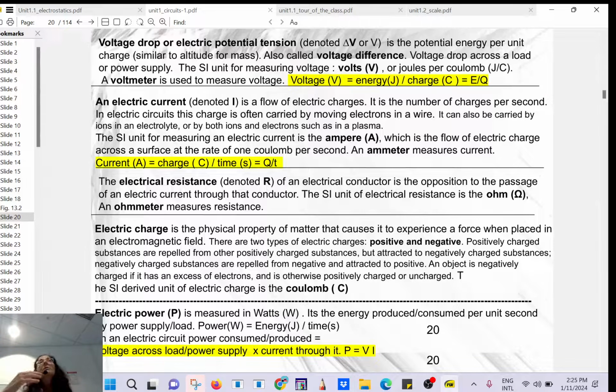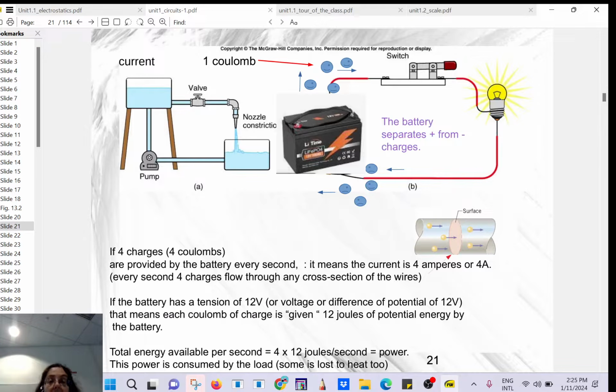We'll go into more detail, this is just an introduction. Is that clear? That's why you need to understand everything about electricity, because if you work in a hospital or any domain, you need some background so you don't get electrocuted.